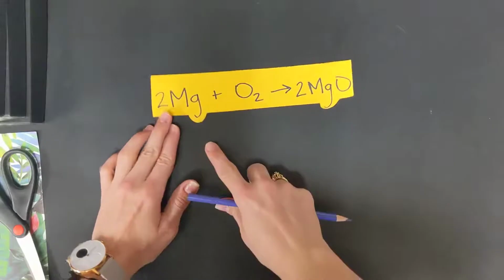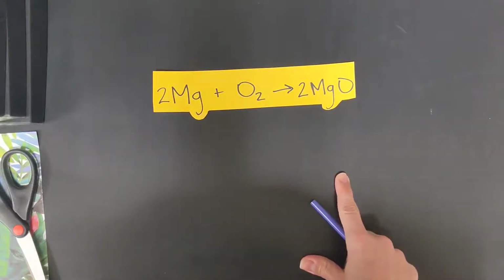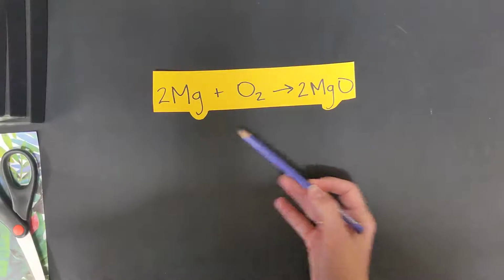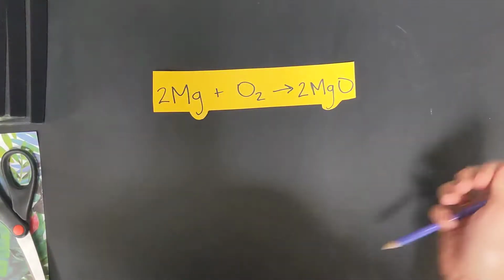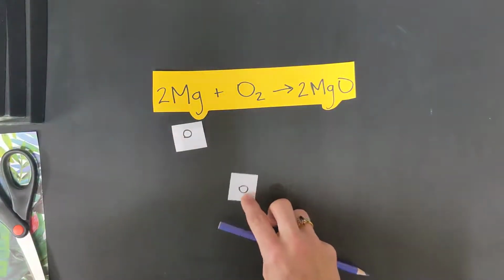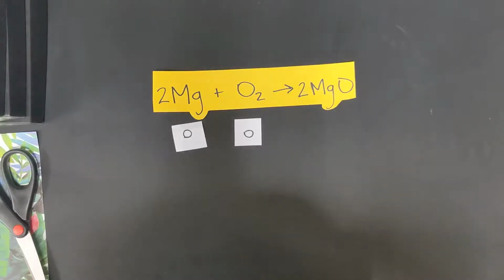This time we're looking at Mg plus O2 gives MgO. We don't see any charges in this equation. However, we do see that both of the reactants, the Mg and the O2, are just elements. So assigning their oxidation numbers will be very easy. Mg would have an oxidation number of 0, and O, oxygen, would also have an oxidation number of 0.